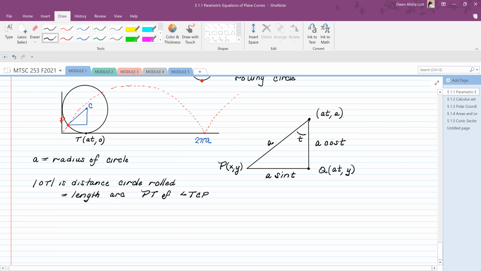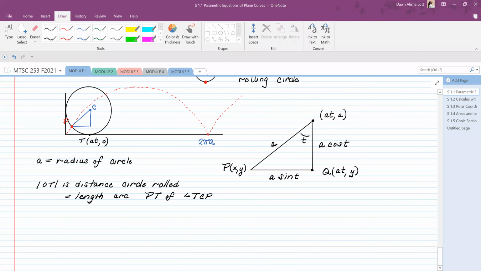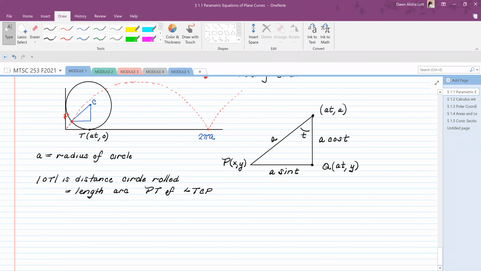Okay, so now I can see everything. So T, C, P is right here. So here is TCP. Remember T is somewhere down here, at the point (A t, 0).